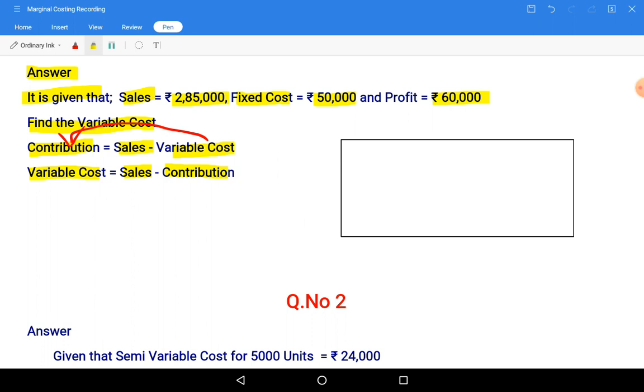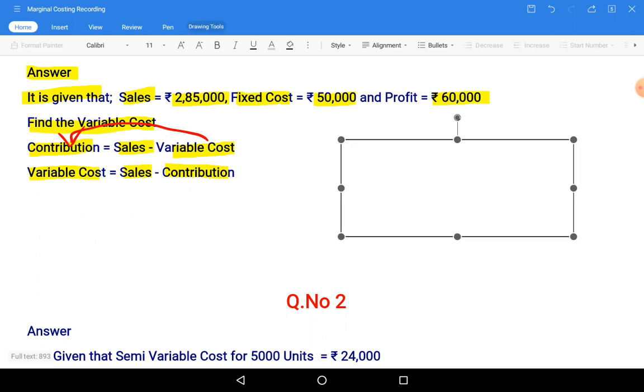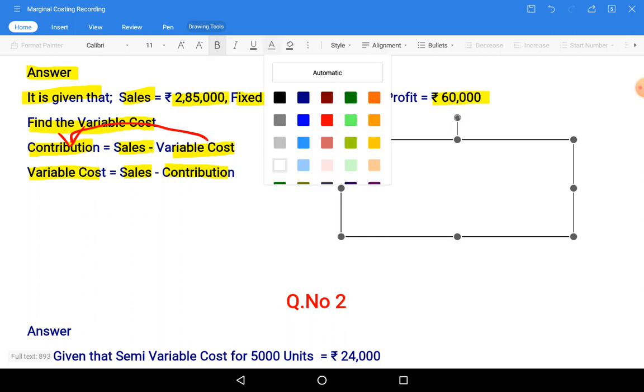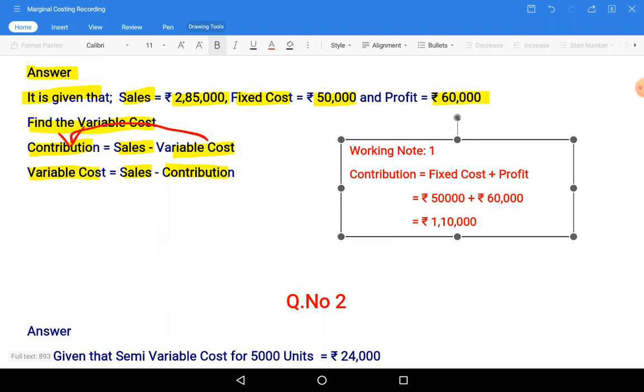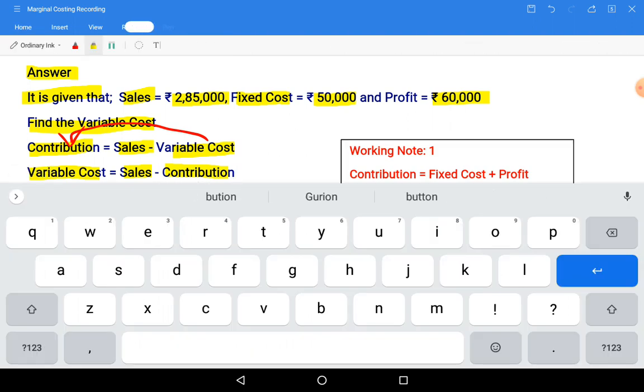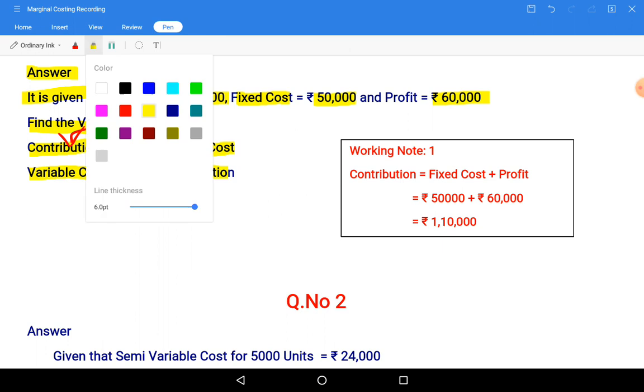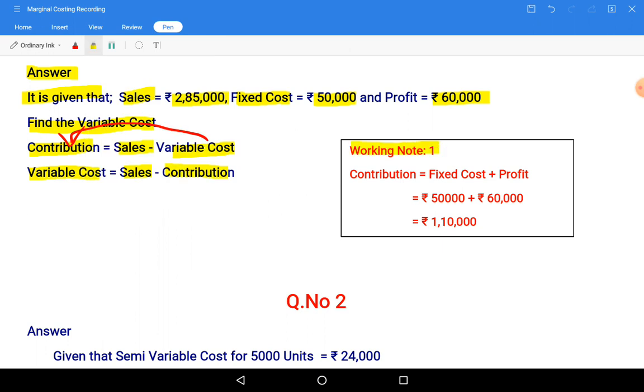For that I did a working note. Let us see the working note first. I had hidden it just so that you can easily concentrate on the working note later on. Working note: we are calculating contribution.